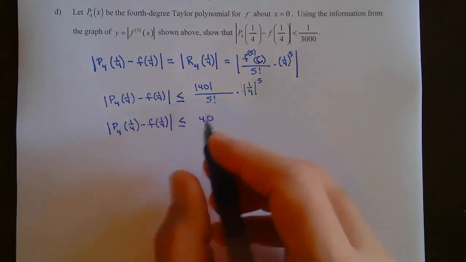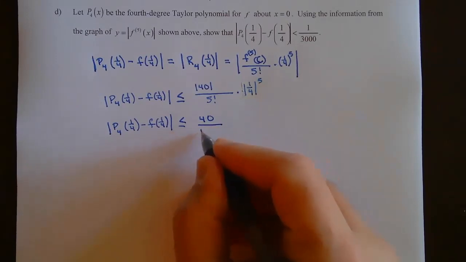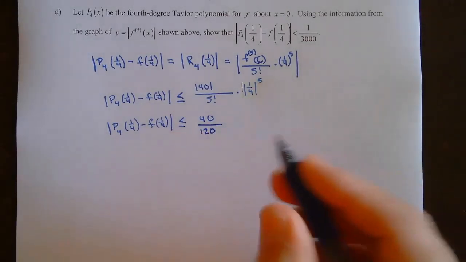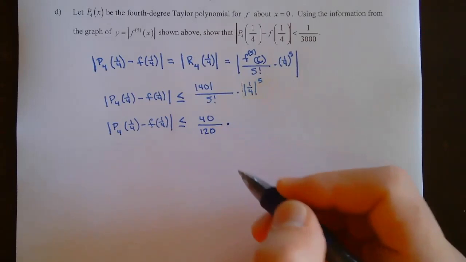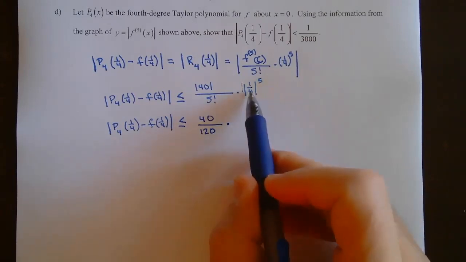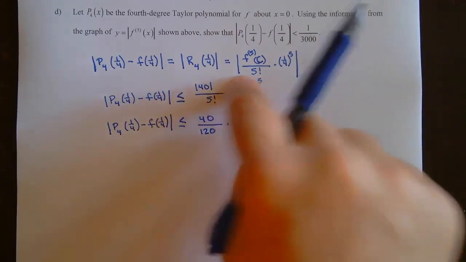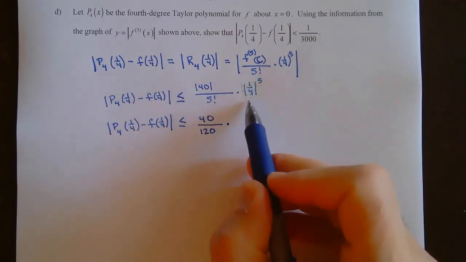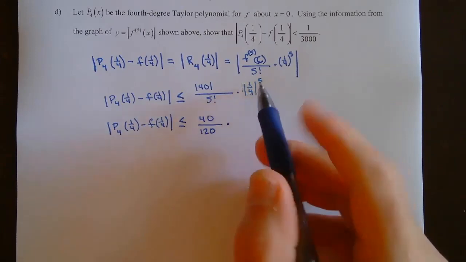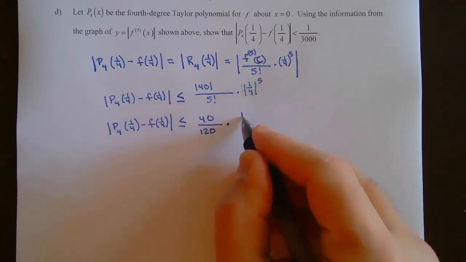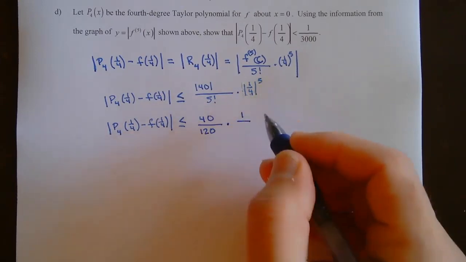So this 5 factorial is 120. And then the absolute value of 1/4 is 1/4 to the 5th, so it'd be 1 to the 5th, which would be 1, and then 4 to the 5th.